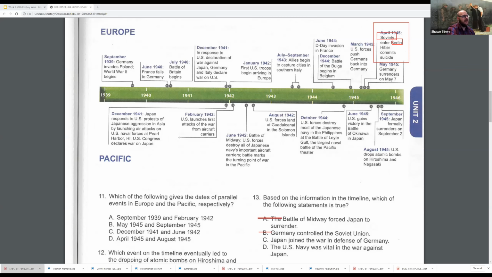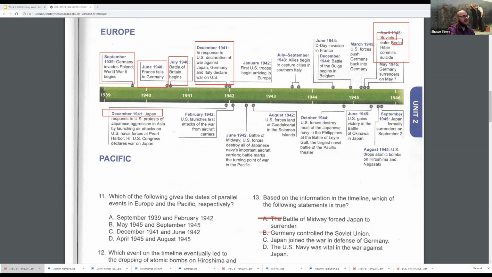C, Japan joined the war in defense of Germany. Why did Japan join the war? So here we have Germany invades Poland, France falls to Germany, Battle of Britain begins. So all of this is happening in Europe way before Japan responds to US protests. And so here, in response to the US declaration of war against Japan, Germany and Italy declare war on the US.